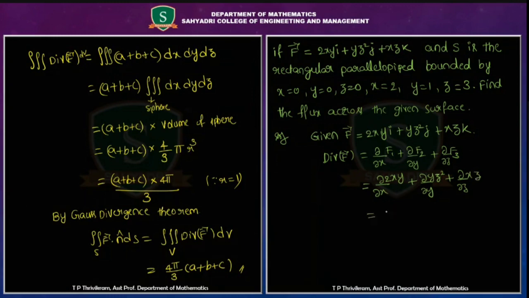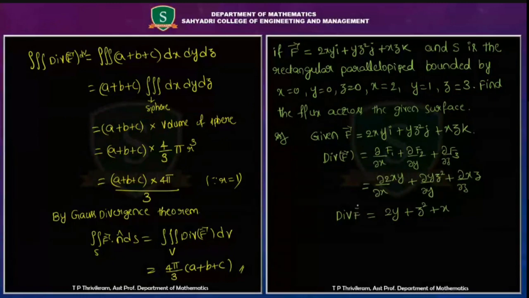So this is nothing but 2y plus z² plus x you'll get. So this is the value of divergence F.